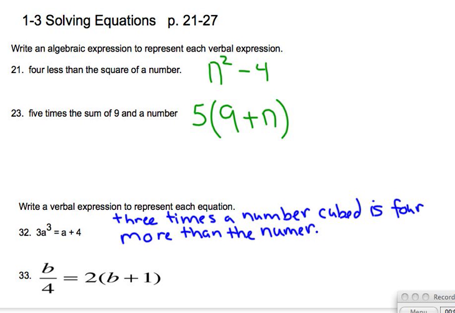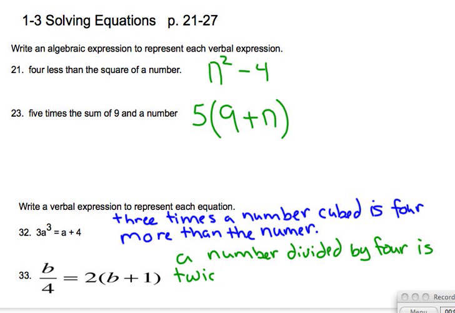Problem 33, we would take a number divided by 4 is, again, means equal, twice the sum of the number and 1.